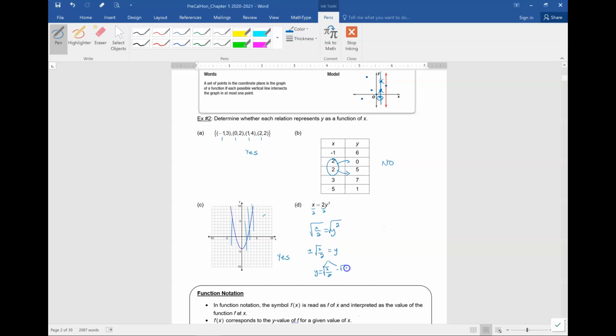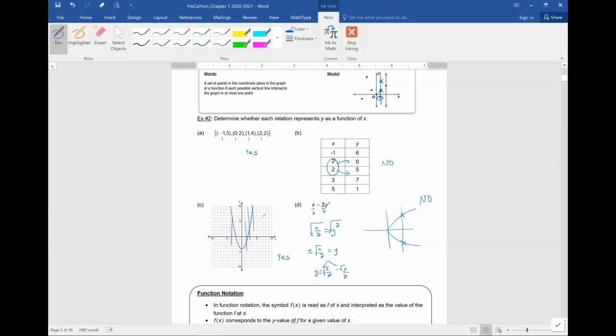So when you graph this, you actually have the positive root x over 2 and the negative root x over 2. Clearly, it fails the vertical line test, so it's a no.